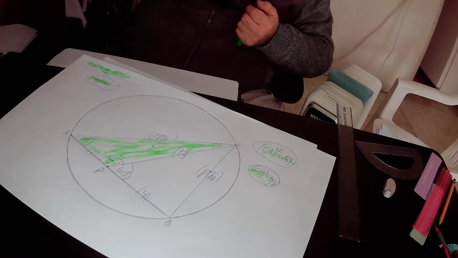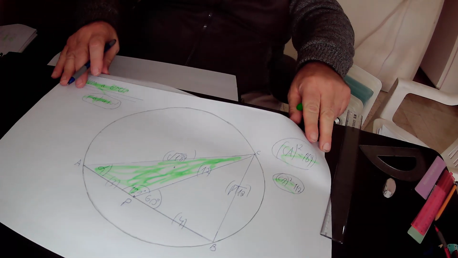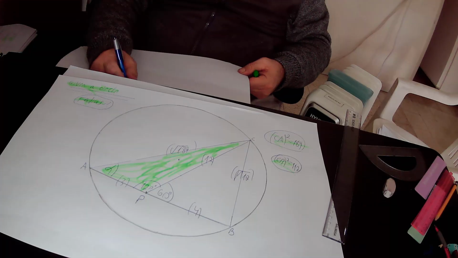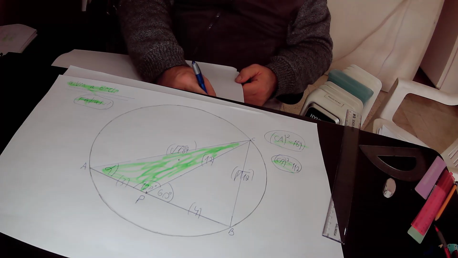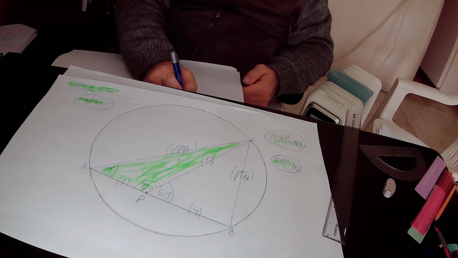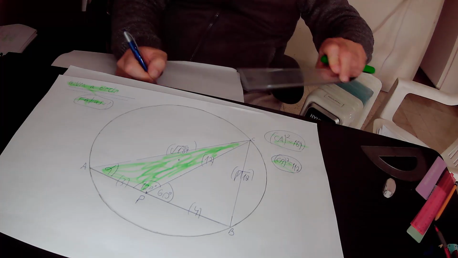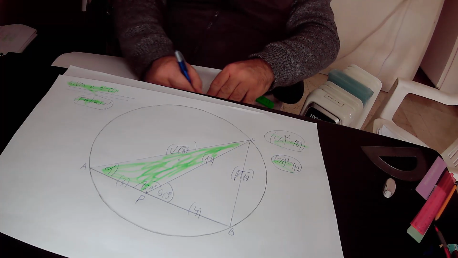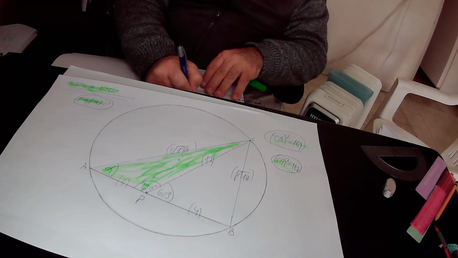So in the big triangle ABC, according to the law of cosines, the following equation is true.